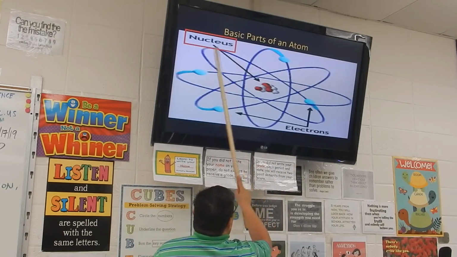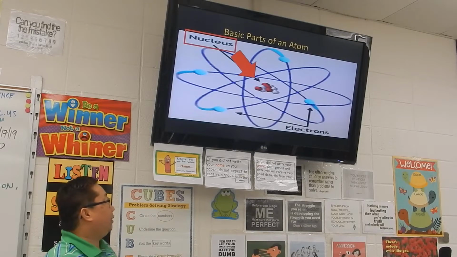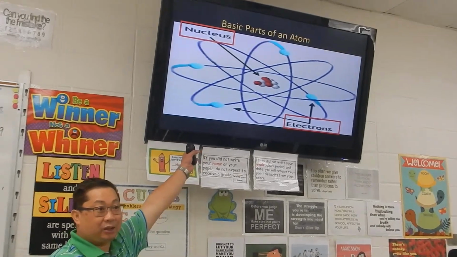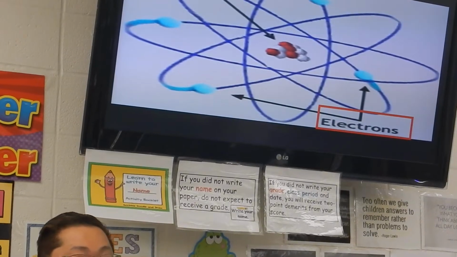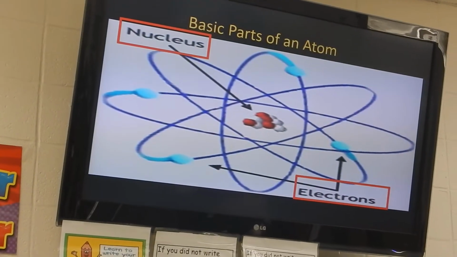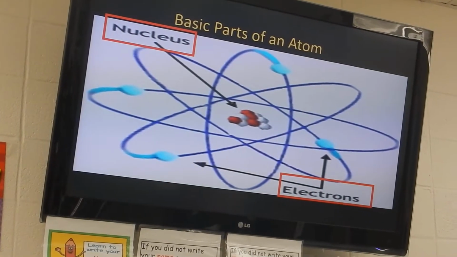And the ones revolving around the nucleus are called the electrons. So this is the atom. And there are more than 100 atoms, and we can see them in the periodic table of elements.